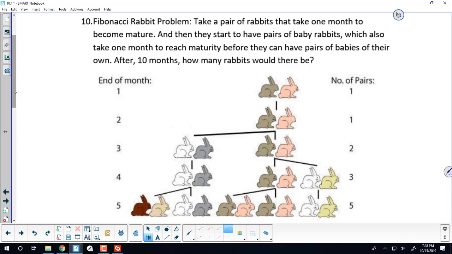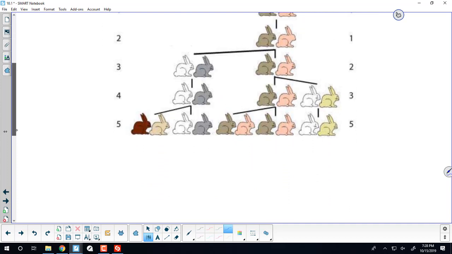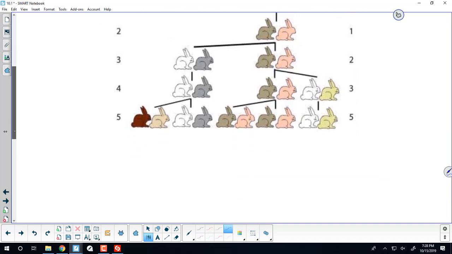After 10 months, how many rabbits would there be? First month we have 1, second month we still have 1 pair. The third month we have 2 pair, fourth month 3 pair, fifth month 5 pair. So how many rabbits in total would we have at the end of the 10th month?